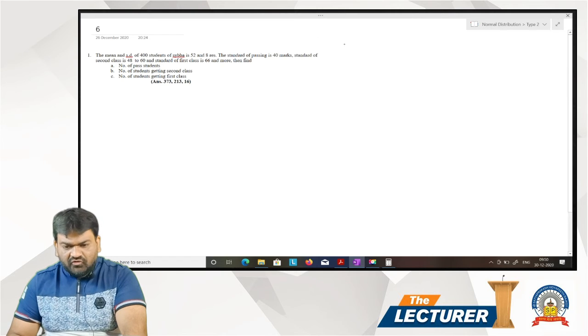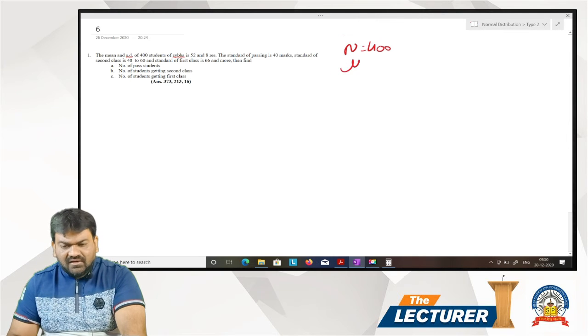Okay, first of all there are a total of 400 students, so n is equal to 400. Mean mark, that is mu, is equal to 52. Their standard deviation is 8. The passing mark criteria is 40.